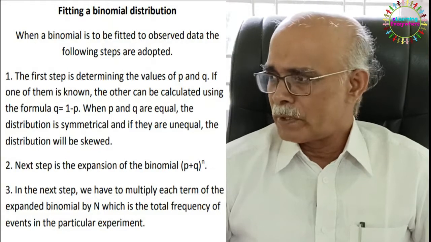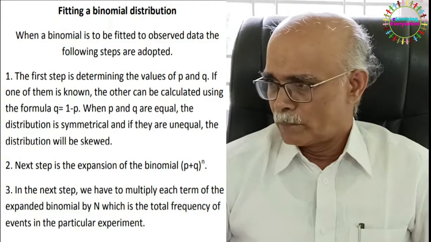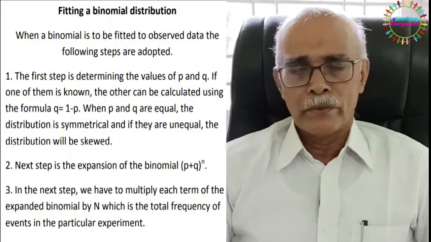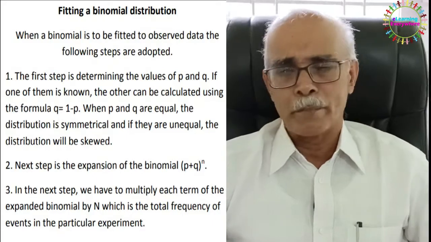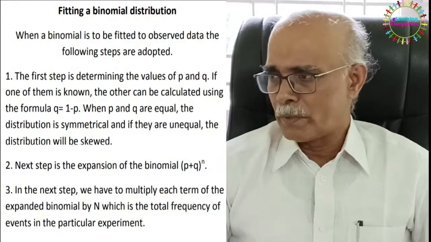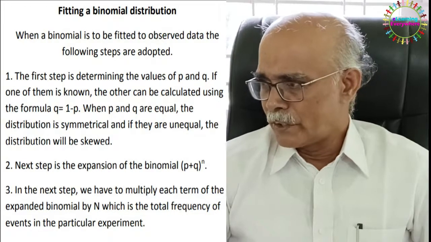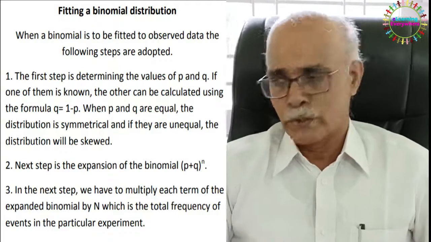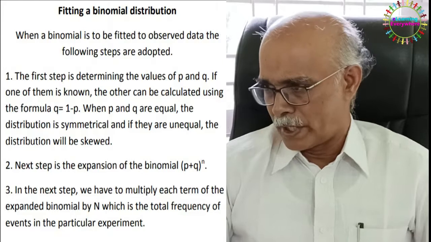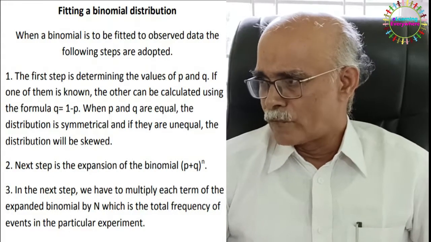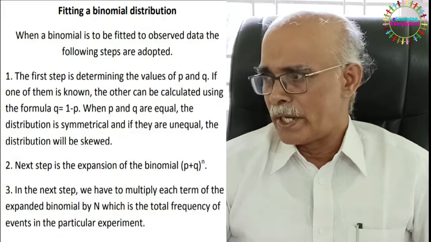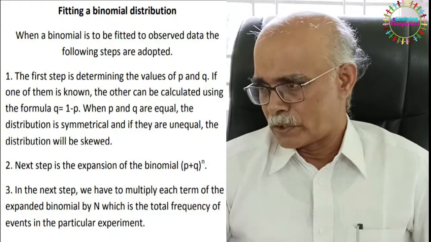The first step is determining the values of P and Q. If one of them is known, the other can be calculated using the formula Q is equal to 1 minus P. When P and Q are equal, the distribution is symmetrical, and if they are unequal, the distribution will be skewed. The next step is the expansion of the binomial P plus Q raised to n, and in the next step, we have to multiply each term of the expanded binomial by n, which is the total frequency of events in that particular experiment.